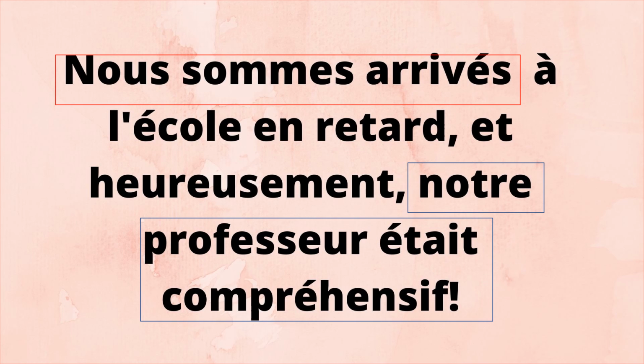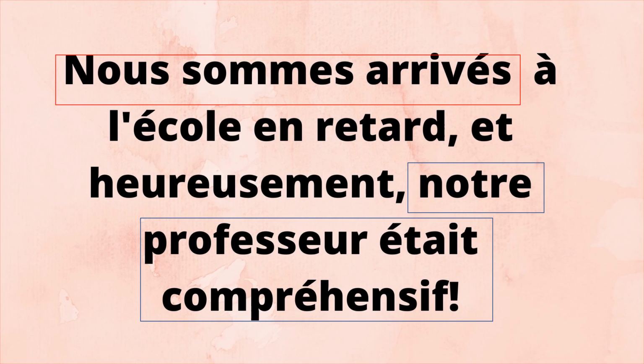Moving down, notre professeur était compréhensif. Our teacher was understanding. So a description of how a teacher was in the past goes in the imperfect tense. Être. So, being the teacher, if you put this in the present, it would be our teacher is understanding, and we would say notre professeur est.